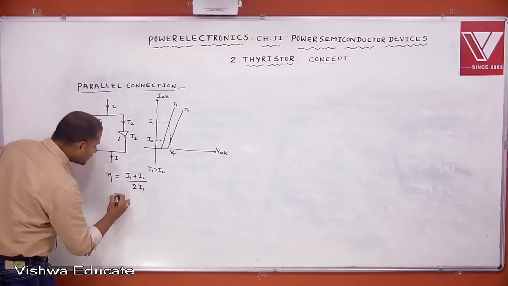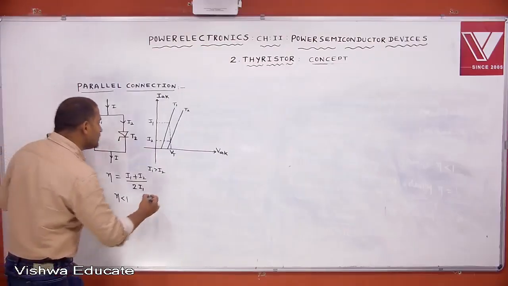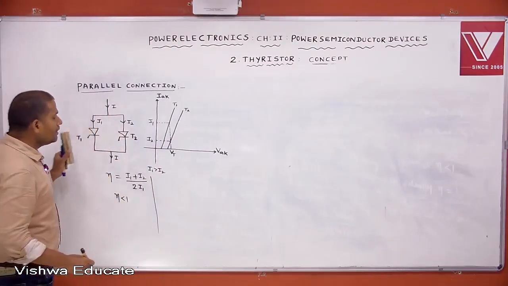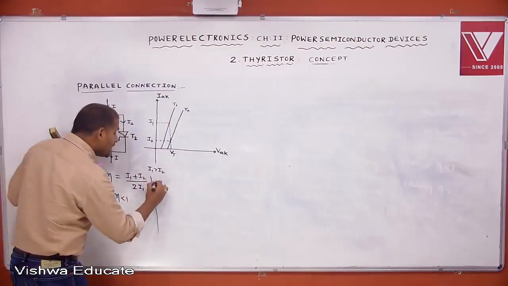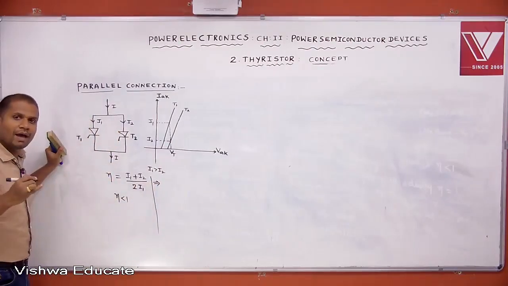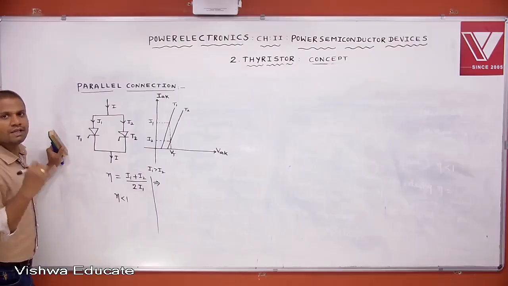Then this string efficiency is less than 1. That means string efficiency is reducing. Even though SCRs with the same rating and same specification are connected in parallel, practically they don't share the same current. Due to this, string efficiency is reduced.